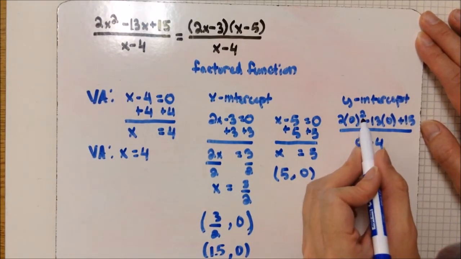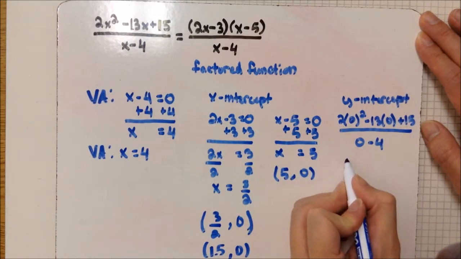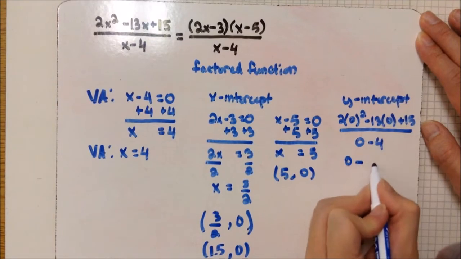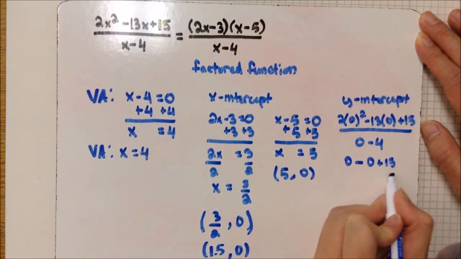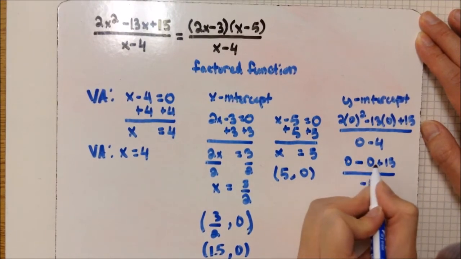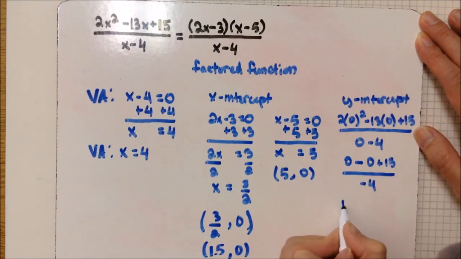So 0 squared, that would be 0, times 2 will also be 0. Minus 13 times 0 would be minus 0 plus 15 over 0 minus 4 is negative 4. So 0 minus 0 plus 15 on the numerator is just positive 15 over negative 4.